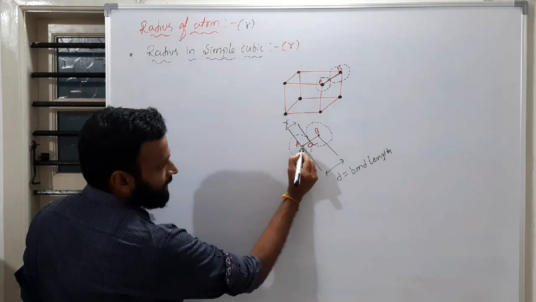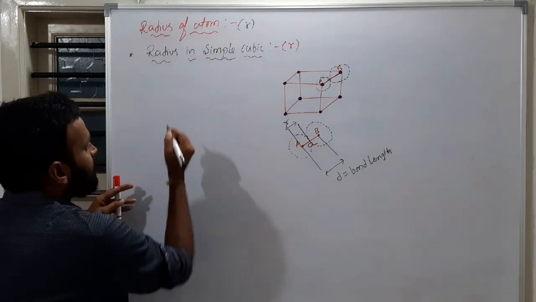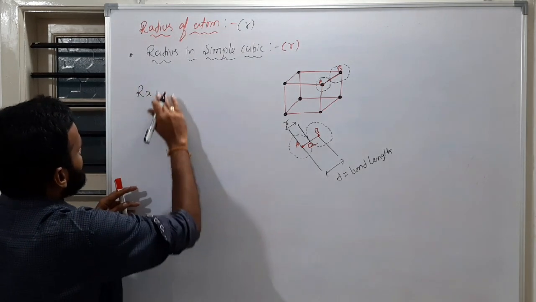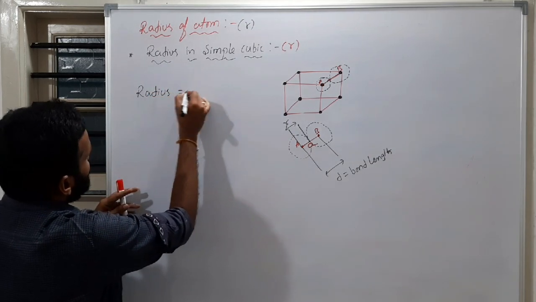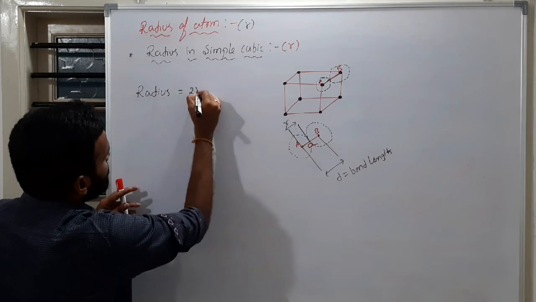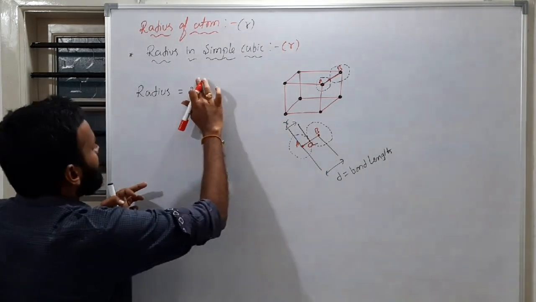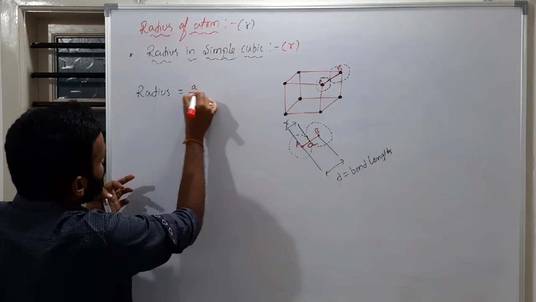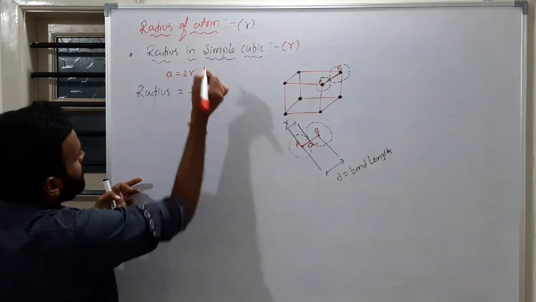So I have written very clearly, A to B is the bond distance and this is the radius. Therefore A is equal to 2R.